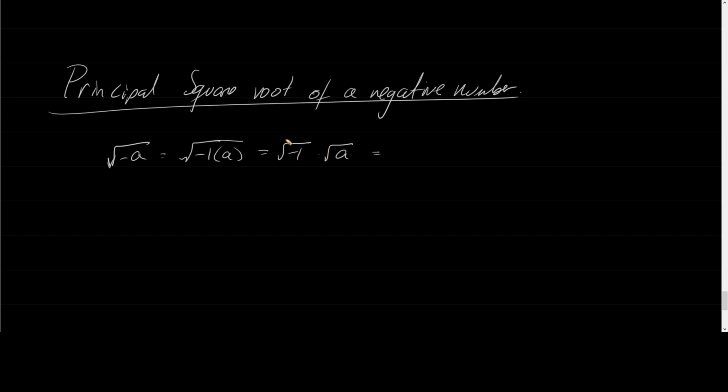But the square root of negative 1 is just i, so what we have here is i times the square root of a. You can also think of this as the square root of a times i. And you can also rewrite it as, if you really wanted to, the square root of a times i with parentheses around it. I tend to stick to one of these two, depending on my mood at the moment.